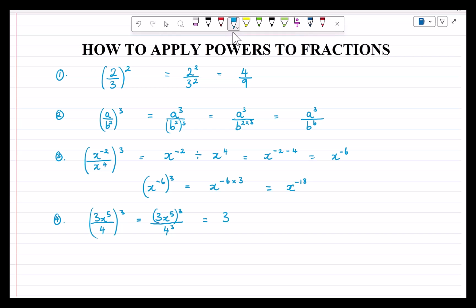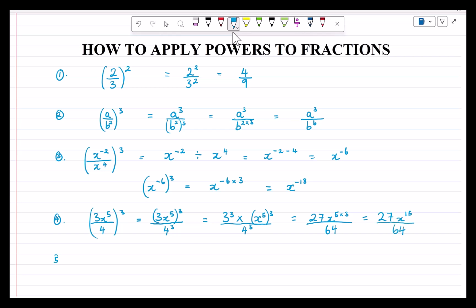Hence, we have 3 to the power of 3 times x to the power of 5 being raised to the power of 3, and this is all over 4 to the power of 3. 3 to the power of 3 gives us 27, and we are multiplying it by x to the power of 5 times 3, and this is over 4 to the power of 3, which is 64. Hence our final answer becomes 27x to the power of 15 all over 64.